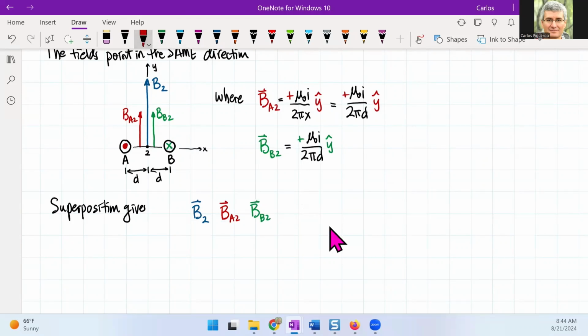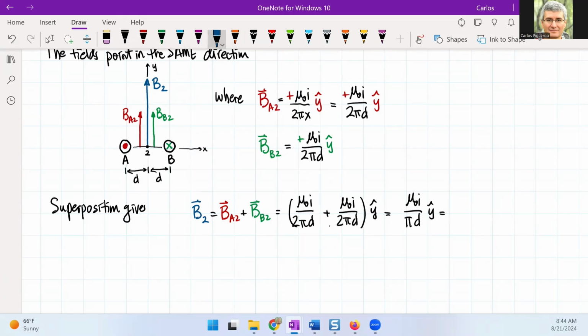When we add these together, we get μ₀I over 2πd plus μ₀I over 2πd in the y direction. So the field is then going to be μ₀I over πd in the positive y direction, and this will be the magnetic field at 2.